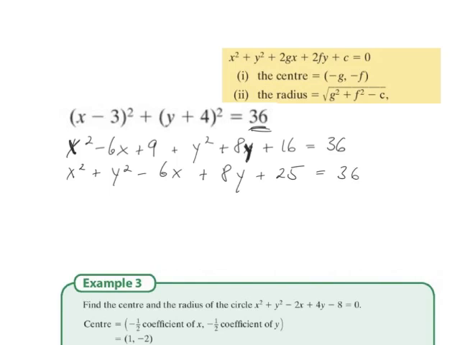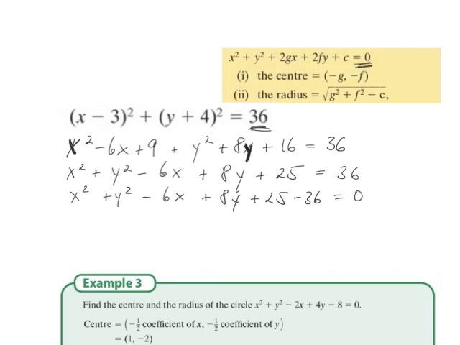But it's supposed to equal 0, so what I have to do now is bring over the 36. So x squared plus y squared minus 6x plus 8y plus 25 minus 36 equals 0.